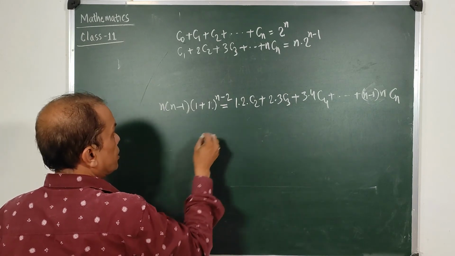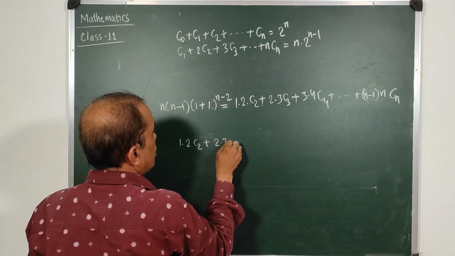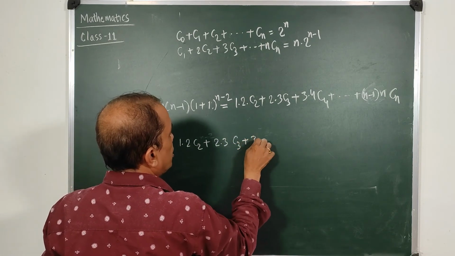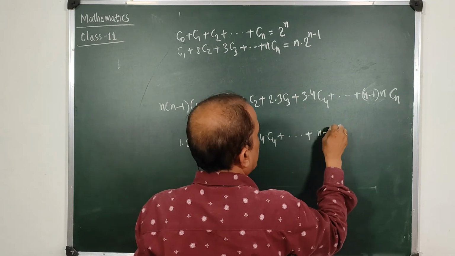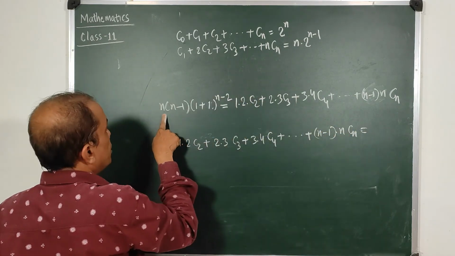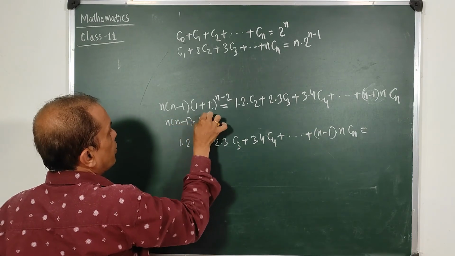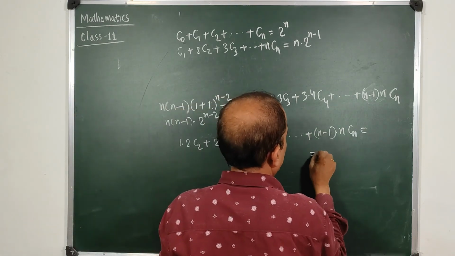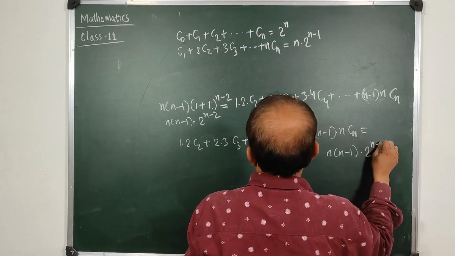The result is 1 into 2C2 + 2 into 3C3 + 3 into 4C4 up to (n-1) into n Cn, which should be equal to n into (n-1) into 2^(n-2).